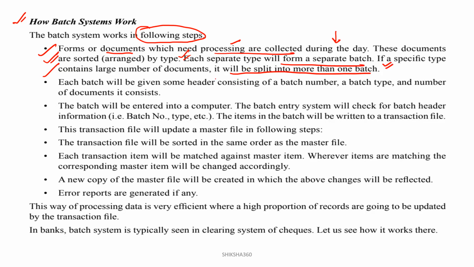Each batch will be given a header consisting of a batch number, batch type, and the number of documents it consists of. The batch will be entered into the computer.